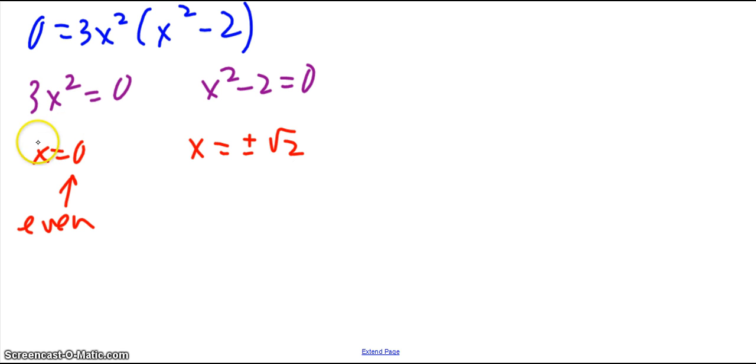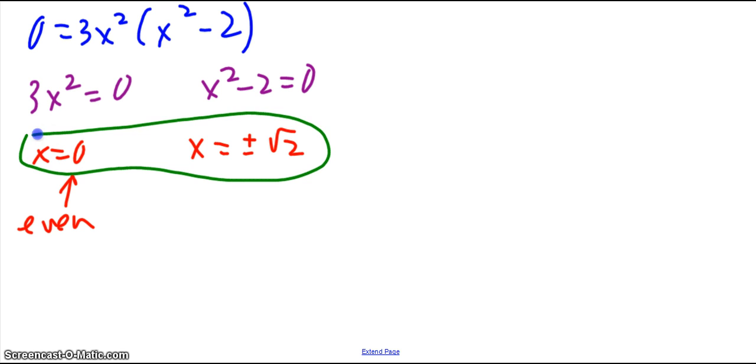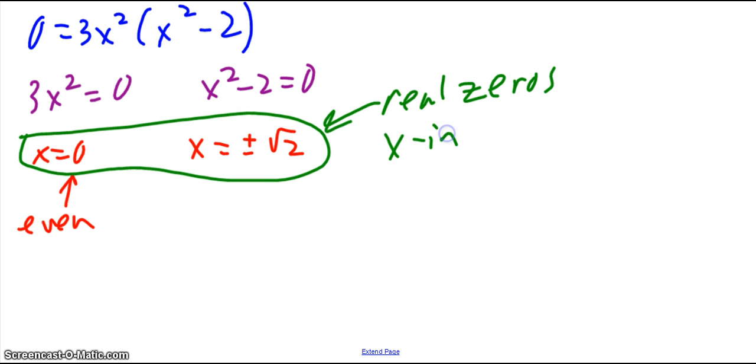So those are the real zeros, which are also the x-intercepts. And in this case, all of the zeros were real zeros, so these are actually all of the zeros.